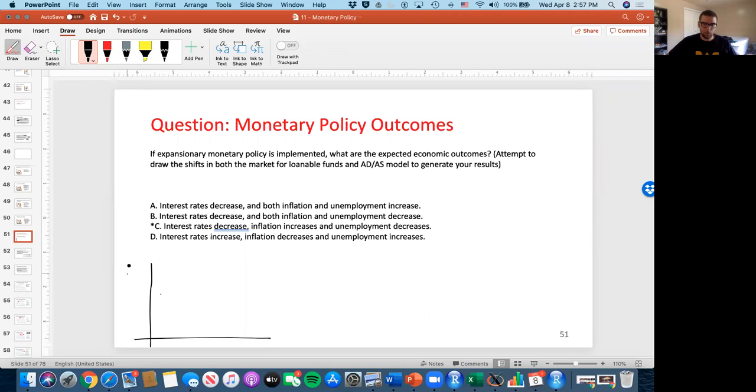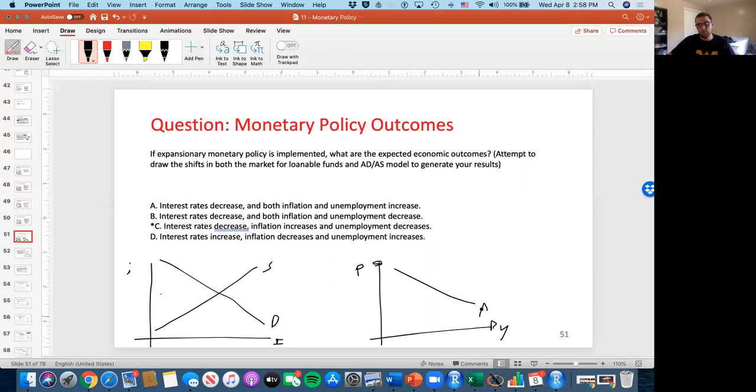So this is interest rate and investment, and this would be, I'm sorry about that, level of output and price level. All right. So we have demand and supply of loanable funds, and aggregate demand and aggregate supply.